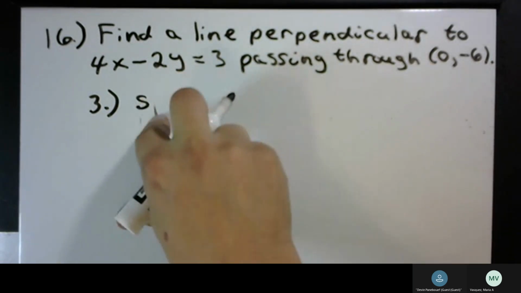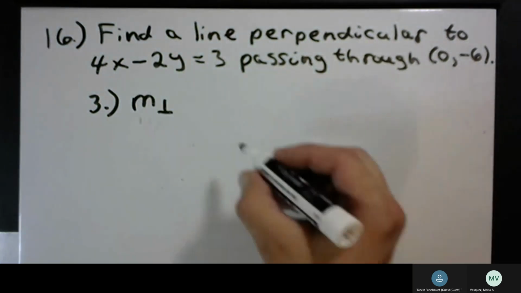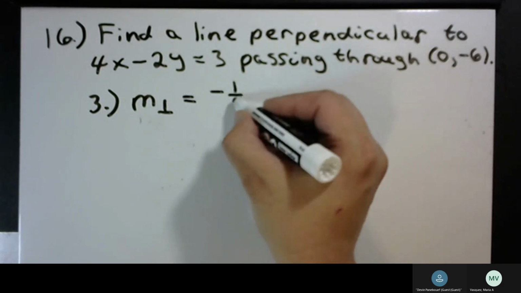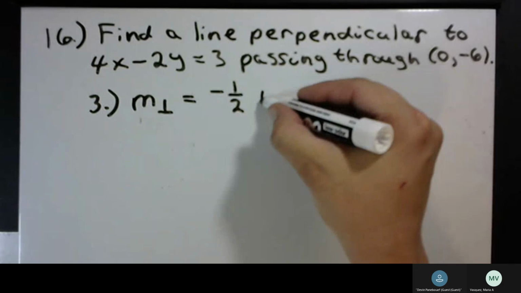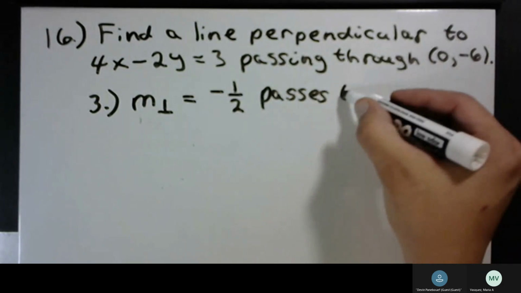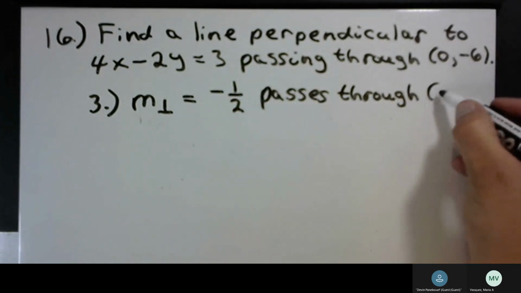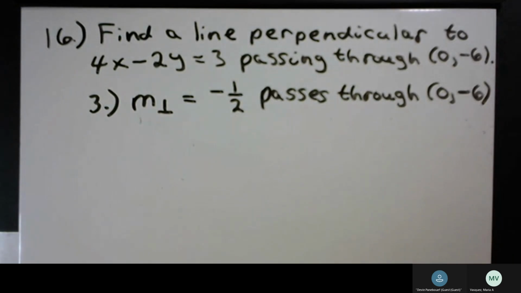And we represent perpendicular. We can do this sort of a shorthand like this. And we need this perpendicular line through (0, -6).